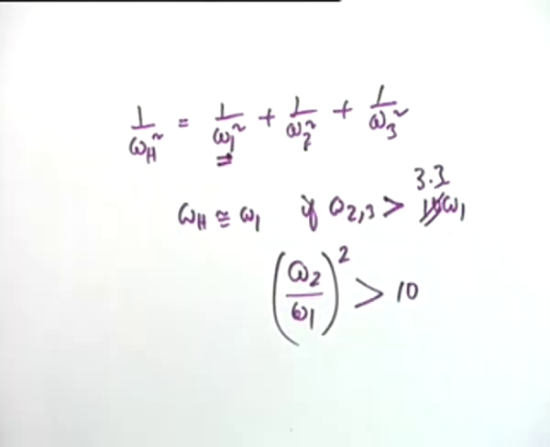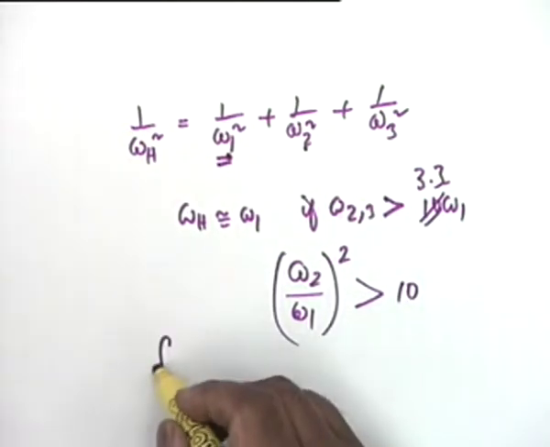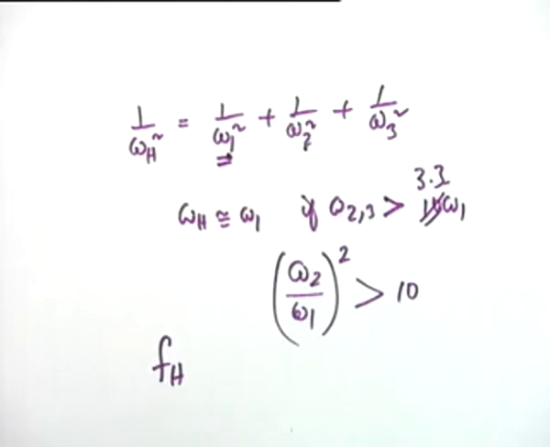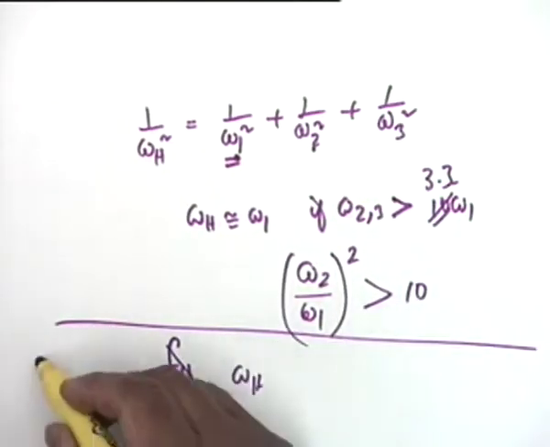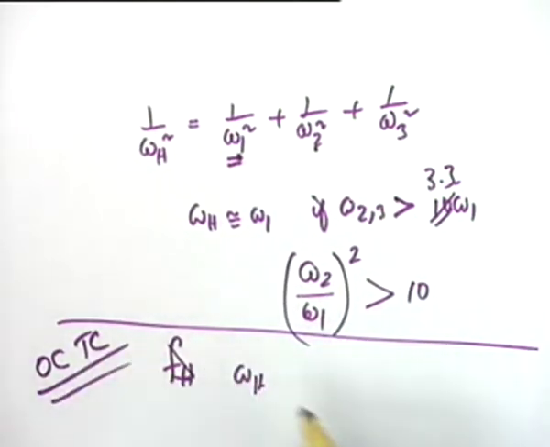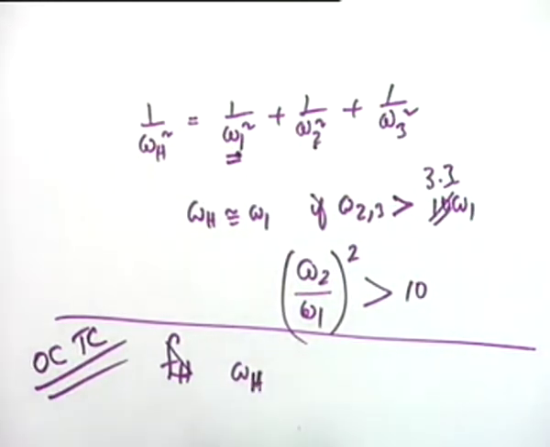Alright? You know another method of calculating the high frequency 3 dB cutoff. What is that method? The method of open circuit time constants. Now if you do that, what would be the result on omega h?